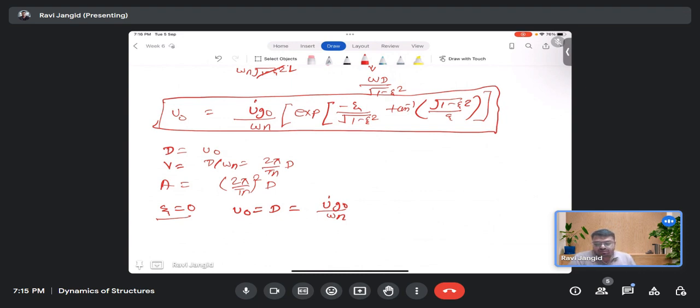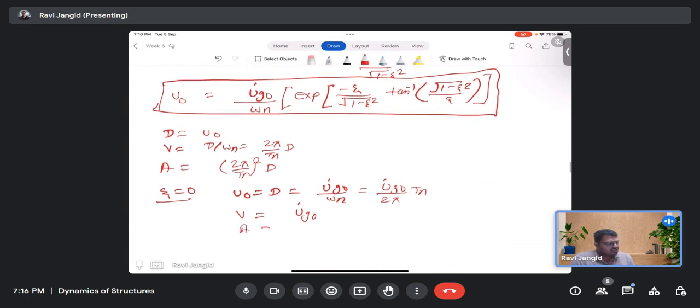So that becomes u_g0 dot over 2 pi by Tn, and then v becomes u_g0 dot directly, and a becomes 2 pi by Tn into u_g0 dot. So these things you can plot with respect to anything.